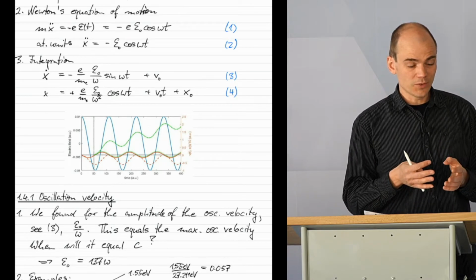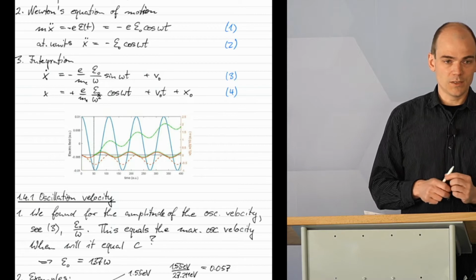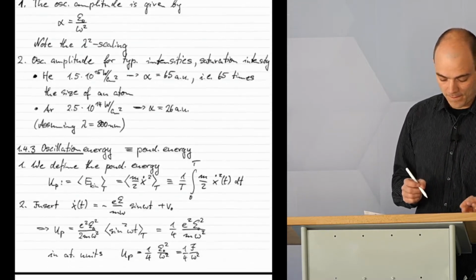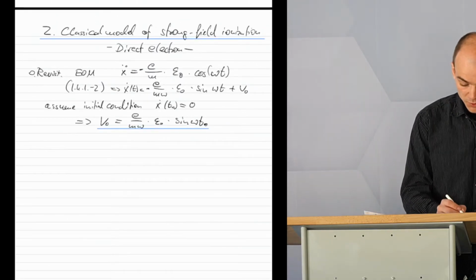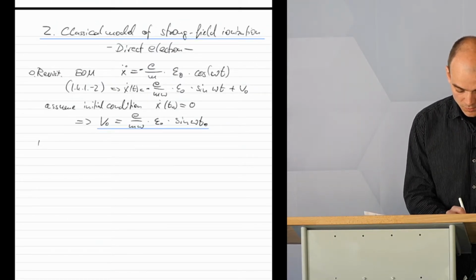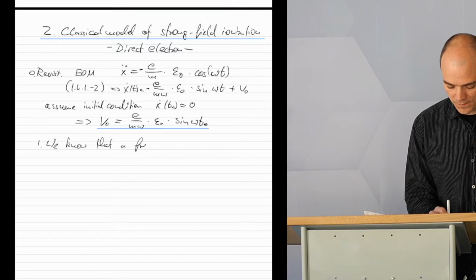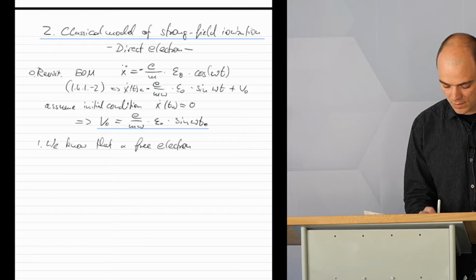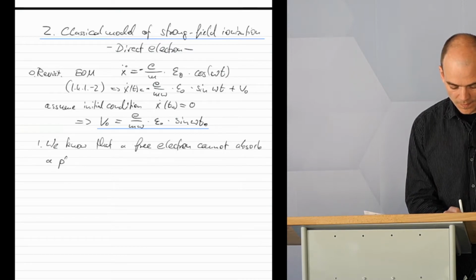Then you very easily see that a free electron cannot absorb a photon. Let's take a quick note of this: a free electron cannot absorb a photon.